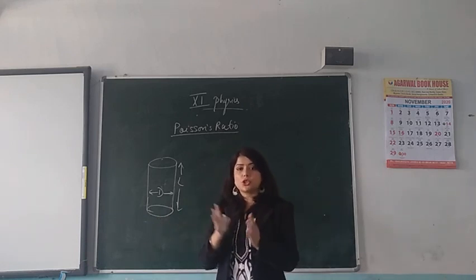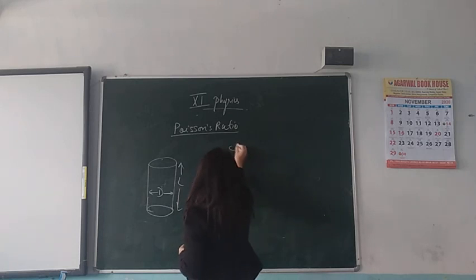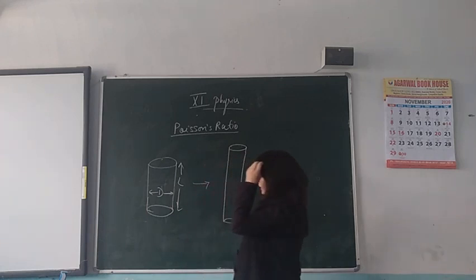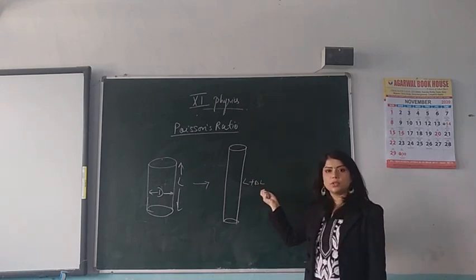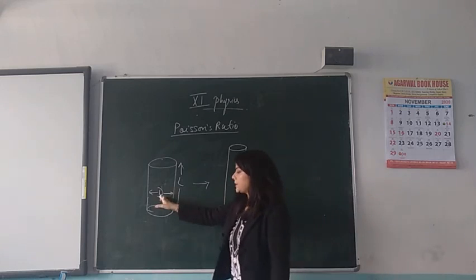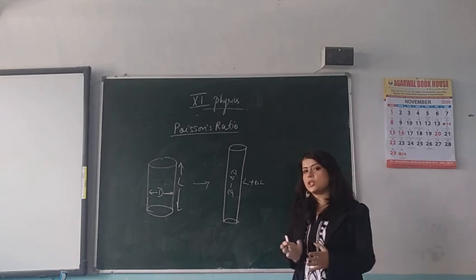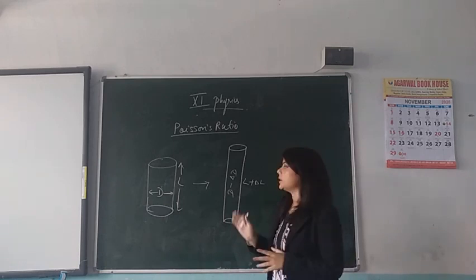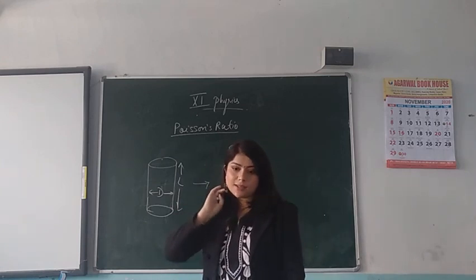The object will shrink, but the length will increase. So this object will become somewhat like this. The length has changed, it is L plus del L. Del L amount of the length has increased, whereas the diameter, which was D, will change by minus del D. Rather, the diameter will decrease, the length will increase. So this is what happens when you apply a tensile stress.